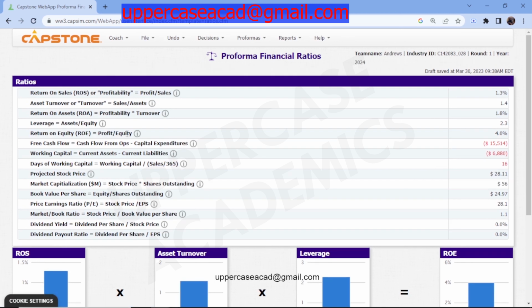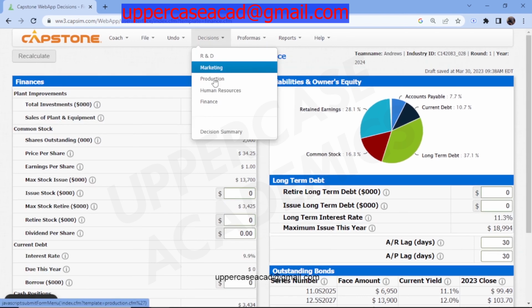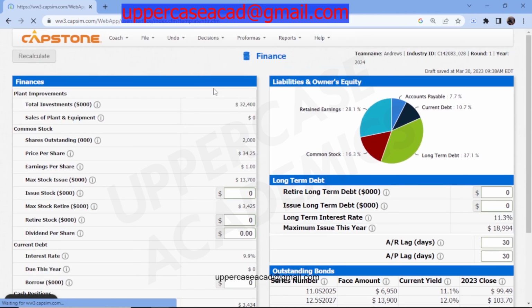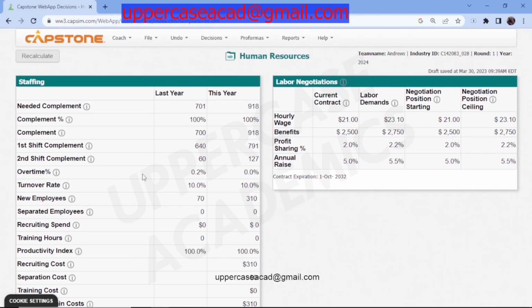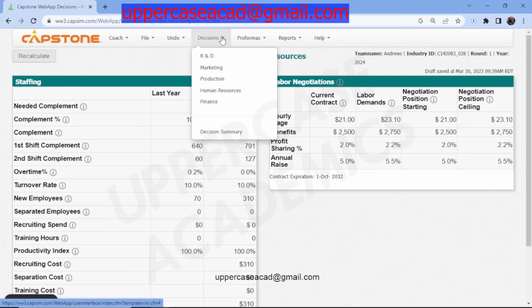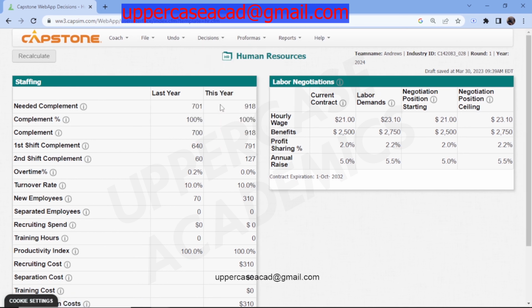Here we see that my days of working capital are very minimum. So let me invest in my finance. The reason why I have not touched the human resource is that in this round we can't make any decisions in terms of investing in training hours and recruiting spend. So I'll just have to skip to finance.